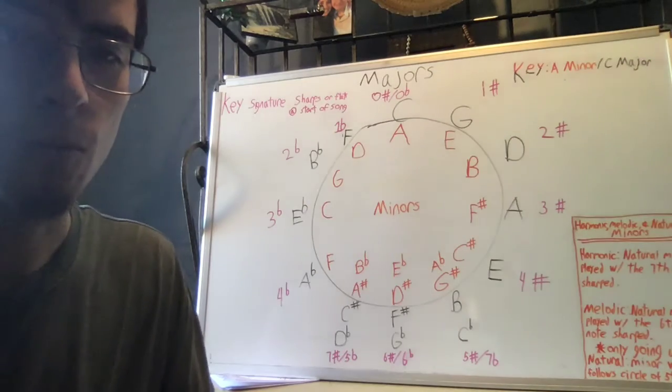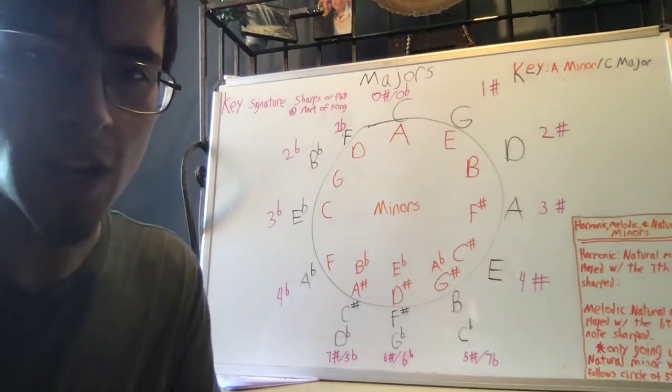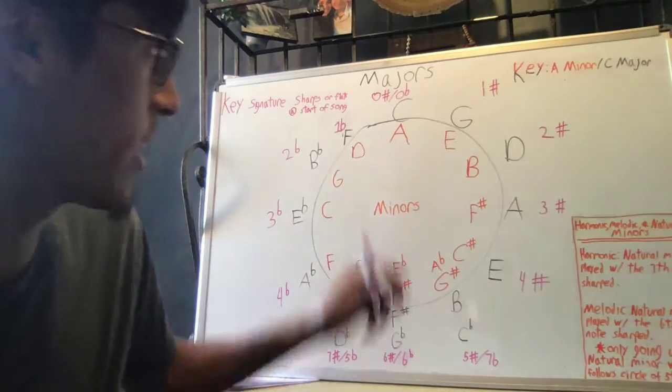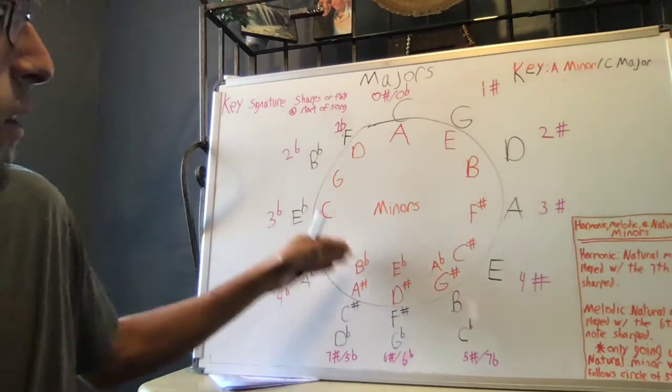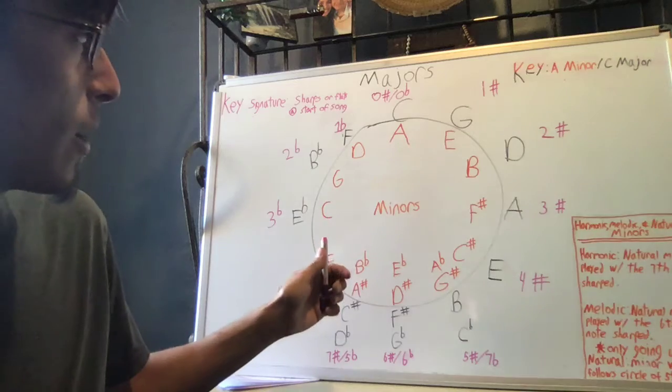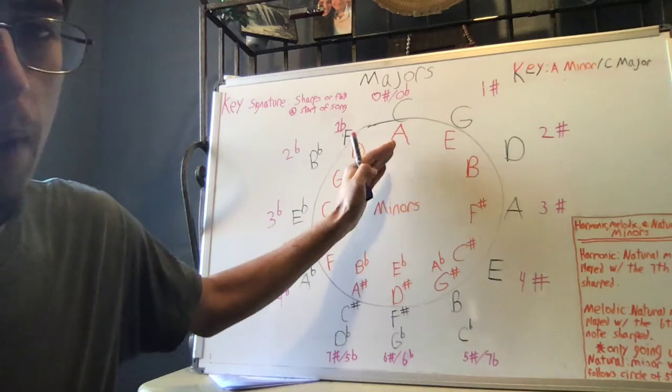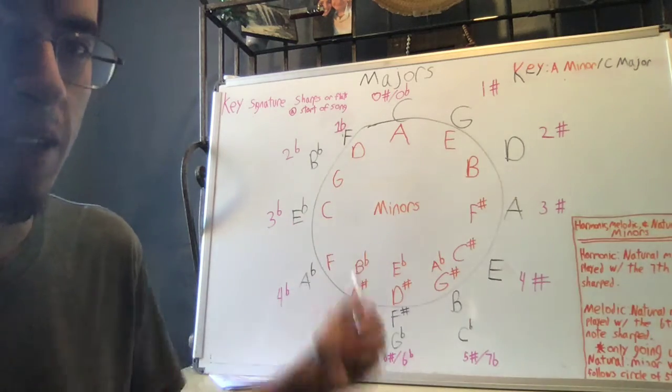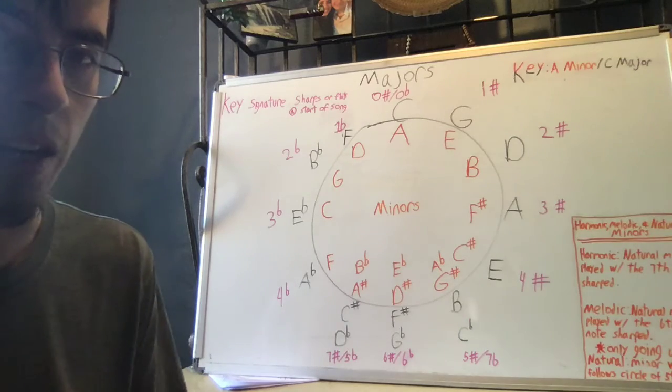Okay, so we're wanting to learn about the 3 different kinds of minors. On the inside, you see that here's all the minors. When we're talking about the minors and key signatures, I want to make something very, very important clear.